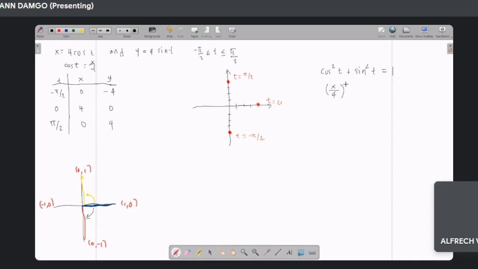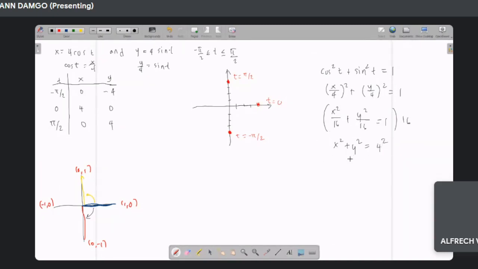We have x over 4 squared plus y over 4 squared is equal to 1. Simplify, we have x squared over 16 plus y squared over 16 is equal to 1. Multiply both sides by 16, we have x squared plus y squared equals 16. So 16 can be written as 4 squared.